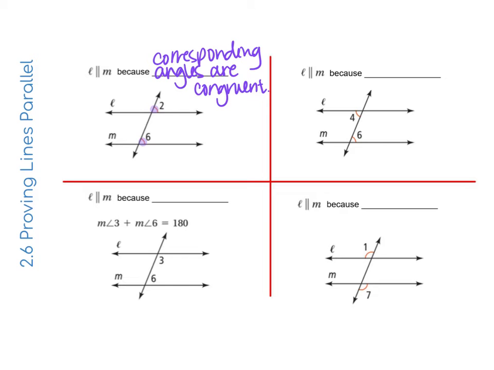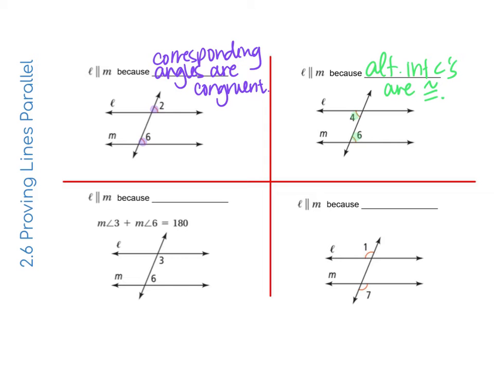Right? If I look at this next one, I see 4 and 6 have congruent marks, and those are alternate interior angles. So again, I know that those are congruent, which means that the lines are parallel because alternate interior angles are congruent. I'm going to use some shorthand there.